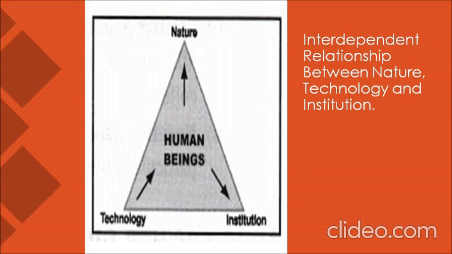Now, the complete process of transformation of things available in our environment involves an interdependent relationship between these all three, which is nature, technology, and the third is institutions. So children, I'm going to explain one by one what is nature.